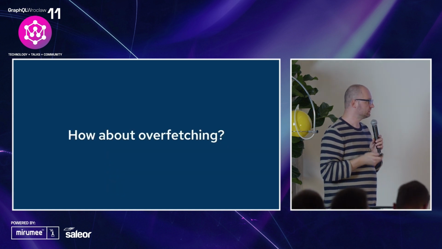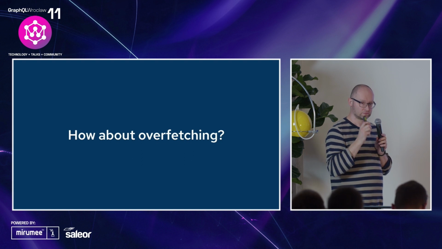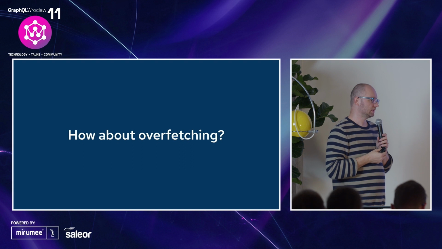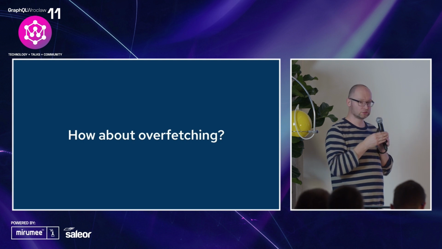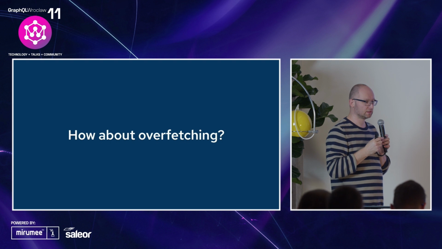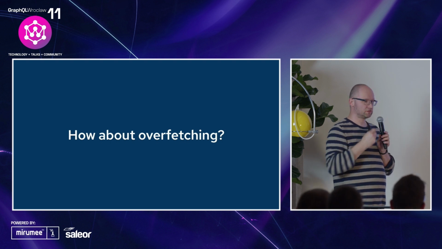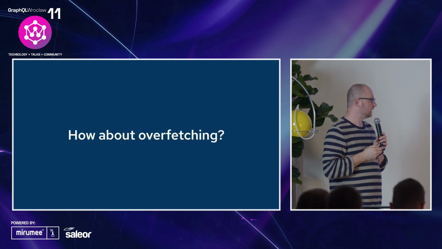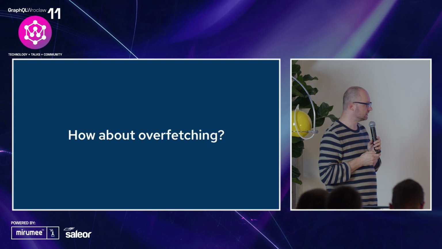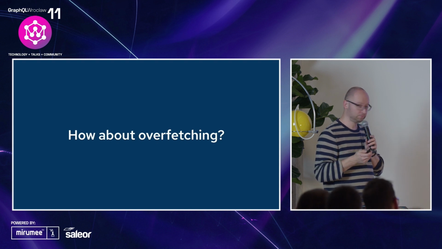You may ask, how about overfetching? The biggest benefit of GraphQL is that you can query multiple endpoints by sending just one request to the server, so you can get the entire graph with one request. In this approach, you're still calling the individual REST services, so you can't really minimize the overfetching problem.